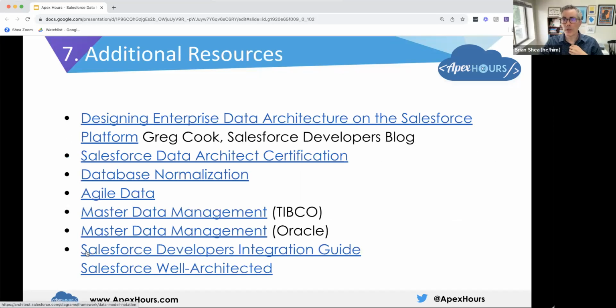All right, so real quick, we've got a couple of minutes left, but some additional resources for folks to check out on a number of different topics. I had mentioned earlier Greg Cook's awesome article. Like I said, I think it was from about 10 years ago. It's an oldie but a goodie, really great article. If you're interested in any of these topics, check that out. The Salesforce Data Architect certification is great if you're interested in the data architecture side of Salesforce.